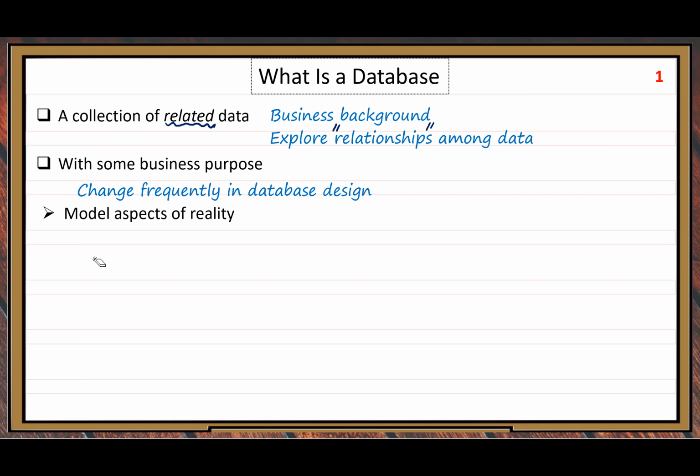Because at that time, in the early versions of your code, you may have a lot of problems. You may not describe the business world or aspects of the business world quite right at the beginning. Your understanding of your business may have a lot of problems, so you need to fix them. At that time, you may need to change your database design frequently.